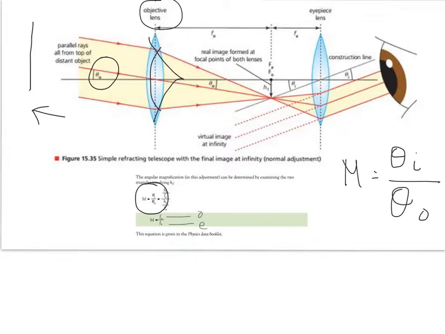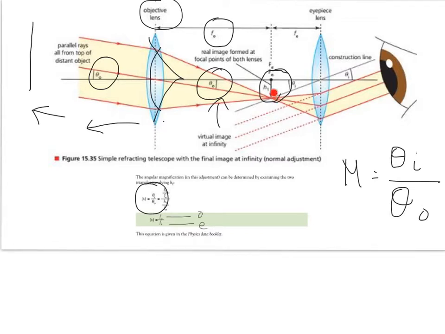Now that angle, which is from the eye to the infinitely far away object, is also equal to this angle. Can you see that? If that's the case, then we can find the angle subtended by using h1, the height of the image, divided by the focal length of the objective.